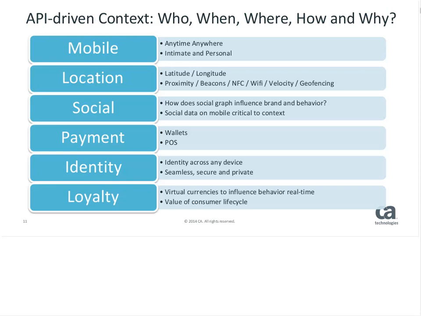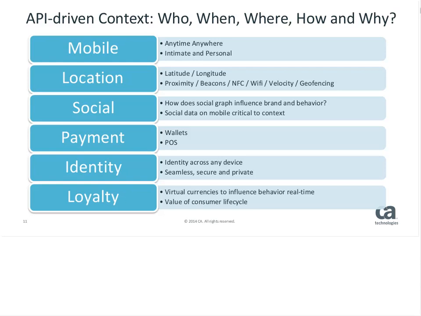So if you think about these on the left-hand side, I call them enablers, right? So API-based enablers. In the omni-channel experience, I think these things are critical to understand. Mobile is obvious, it's enormous, so I'm going to simplify this, but the idea of mobile is that it's anytime, anywhere, right? So whether it's Google Glass, whether it's your phone, the person is mobile. The point is that this is an API-based model where you're trying to get to the person wherever they might be.